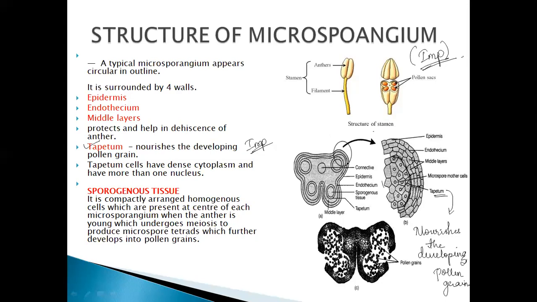The pollen grains inside the microsporangia are nourished by the tapetum. For example, students, how is the baby inside the mother's womb nourished through the placenta, yes or no? Through the placenta, the blood, the oxygen, the food, the minerals, whatever is required for the baby is transferred.